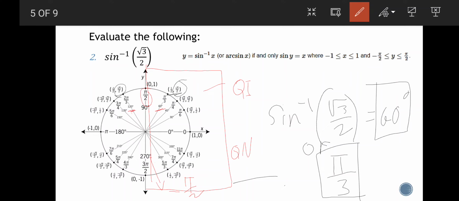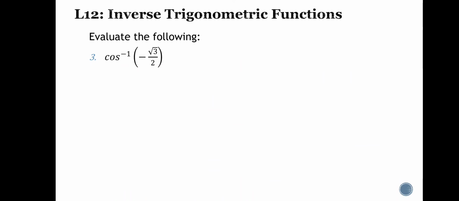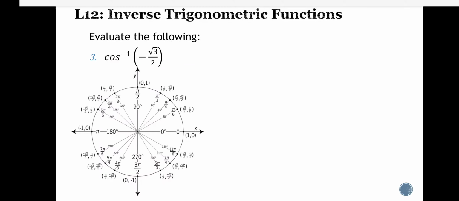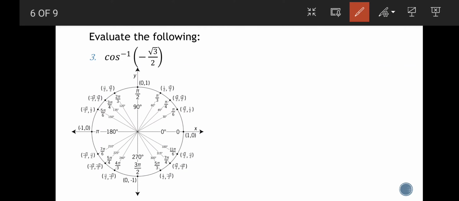Okay? Next, we have arc cosine negative square root of 3 over 2. Now, this time, this is arc cosine. For arc cosine, take note that cosine theta is actually equal to x over r.